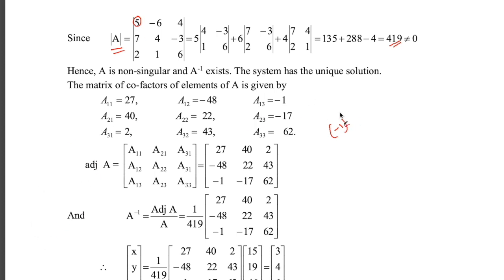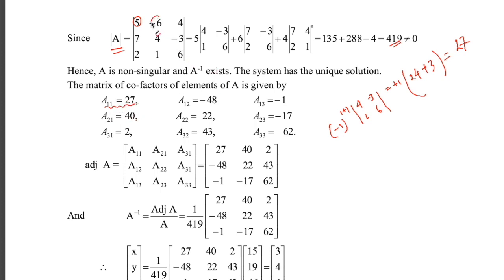So minus 1 to the power 1 plus 1, determinant of the submatrix left after deleting the first row and first column, which is 4, minus 3, 1, 6. This is equal to plus 1 into 24 plus 3, which is equal to 27. So A11 is equal to 27.